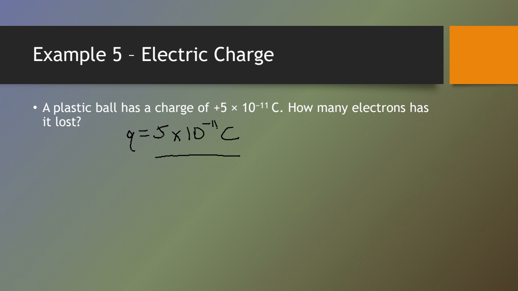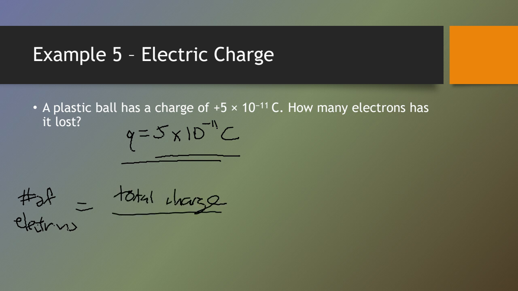For now, let's figure out how many electrons we would need to get this kind of charge. To do that, we would just divide by the charge of an electron, a single electron. And so to find the number of electrons, we're going to use the total charge divided by the charge of one electron.